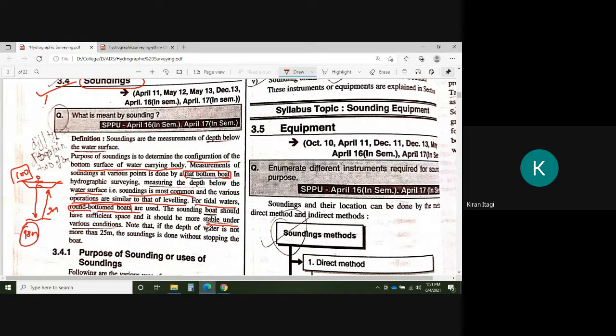Note that if the depth of the water is not more than 25 meter, sounding is done without stopping the boat. If the depth is greater than 25 meter, we will stop the boat and take the reading. If it is lesser than 25 meter, continuously while going only we will take the depth.